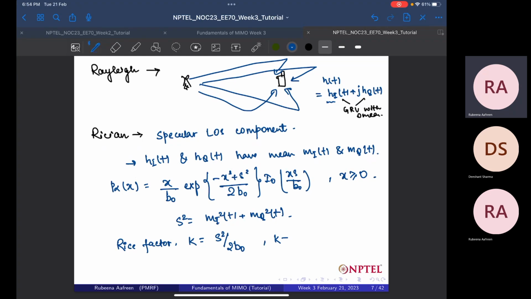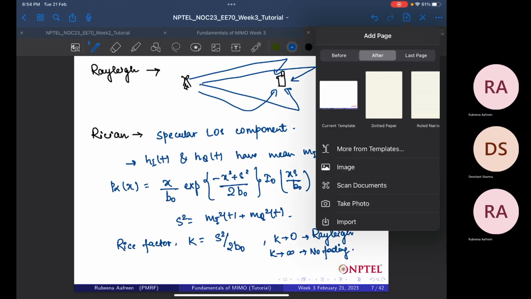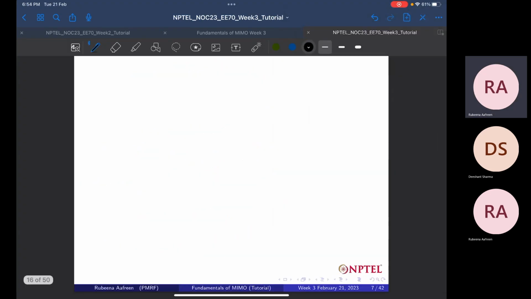Here in this case, if k is 0, this is equal to Rayleigh fading. If k is infinity, then this is the no fading case. So what happens in Rician is that if k is infinity, this will be very much peaked with very little spreading.